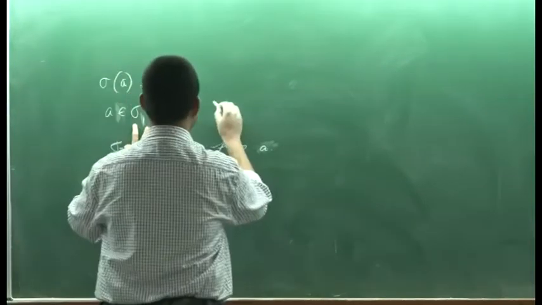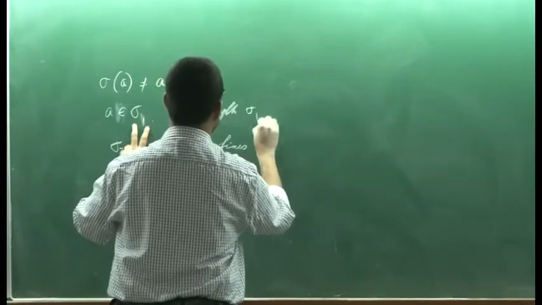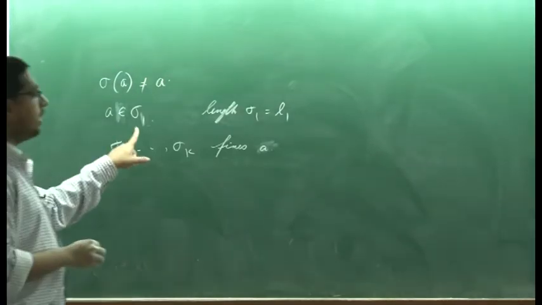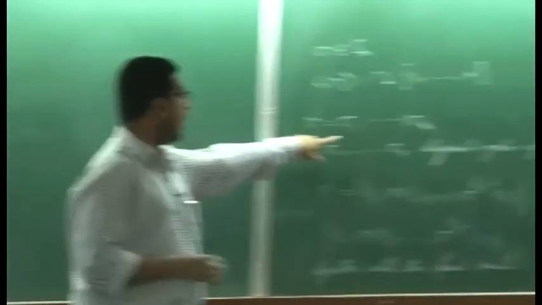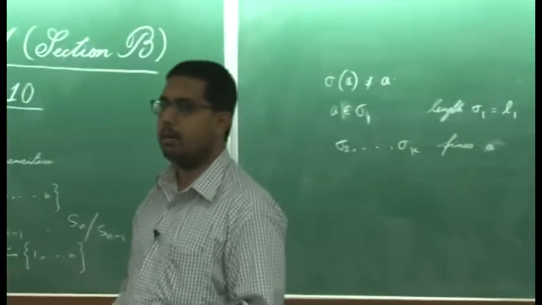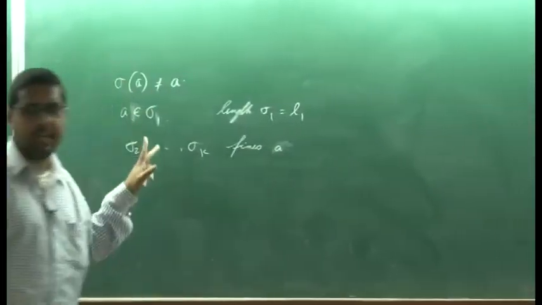So, if sigma 1 has length L1, then since sigma 1 is a cycle, any power of sigma 1 which is not a multiple of L1 is not going to fix a.